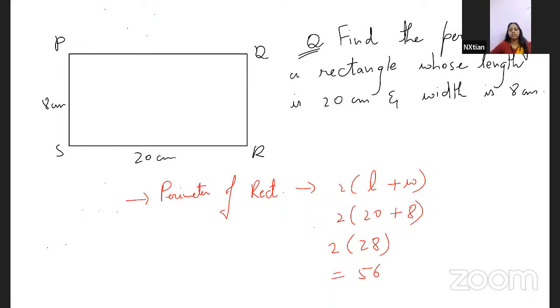But again, it's the same thing. Length plus length plus width plus width is also correct, but a shorter form of it is 2 into (length plus width). Both give the same answer, even if you add the lengths two times and the breadths two times, or add both of them once and multiply by 2. It's one and the same thing.